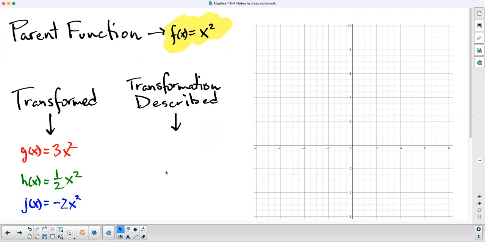And so the main difference between the two methods is how the equation is written. So if your equation has a middle term, like the B number, then you're going to graph it like we did yesterday. If your equation doesn't have a middle term, so no B, then you're going to graph with transformations.